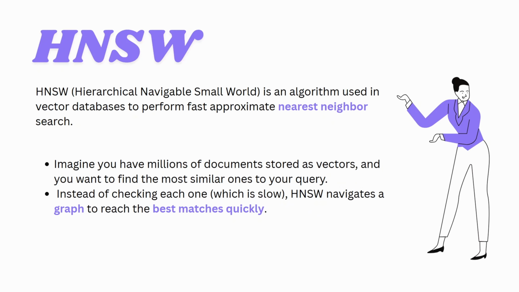Now imagine you have millions of documents all converted into vectors. You want to find the ones most similar to your query. Instead of comparing your query with every vector, which would be slow, HNSW navigates a graph of vectors, hopping between nearby points to quickly zero in on the closest matches.